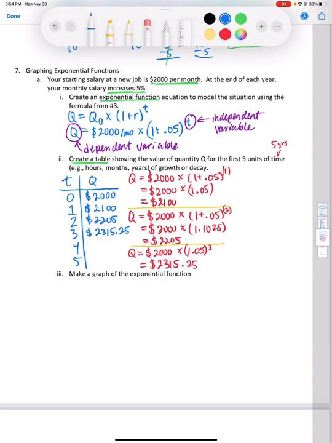Year 4, we'll put here. So Q is equal to $2,000 times 1.05 to the 4th power. Okay, so that's equal to 2,431 and 1 cent. So put that in our table.